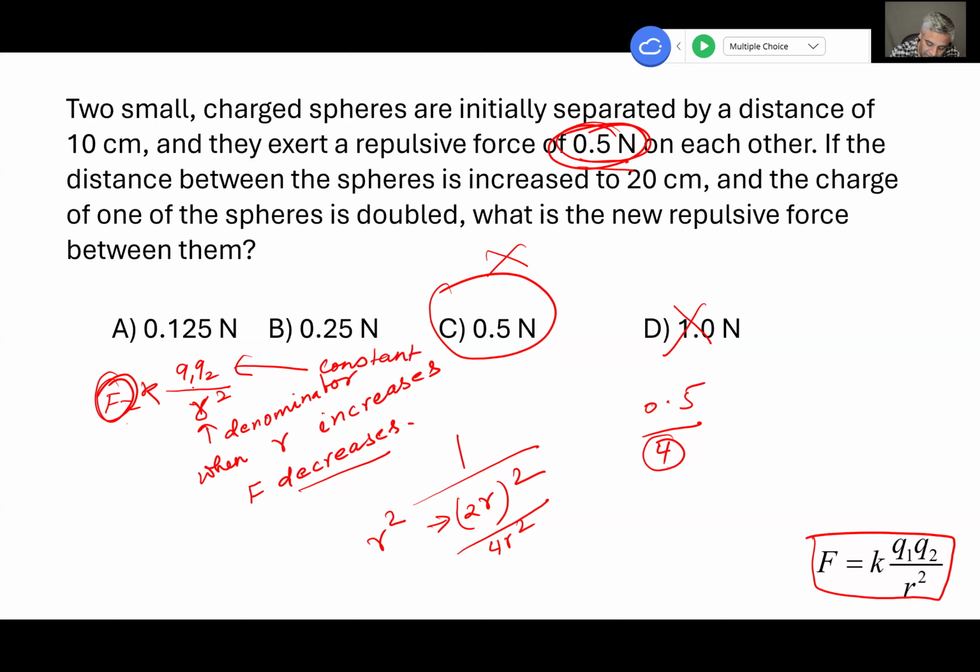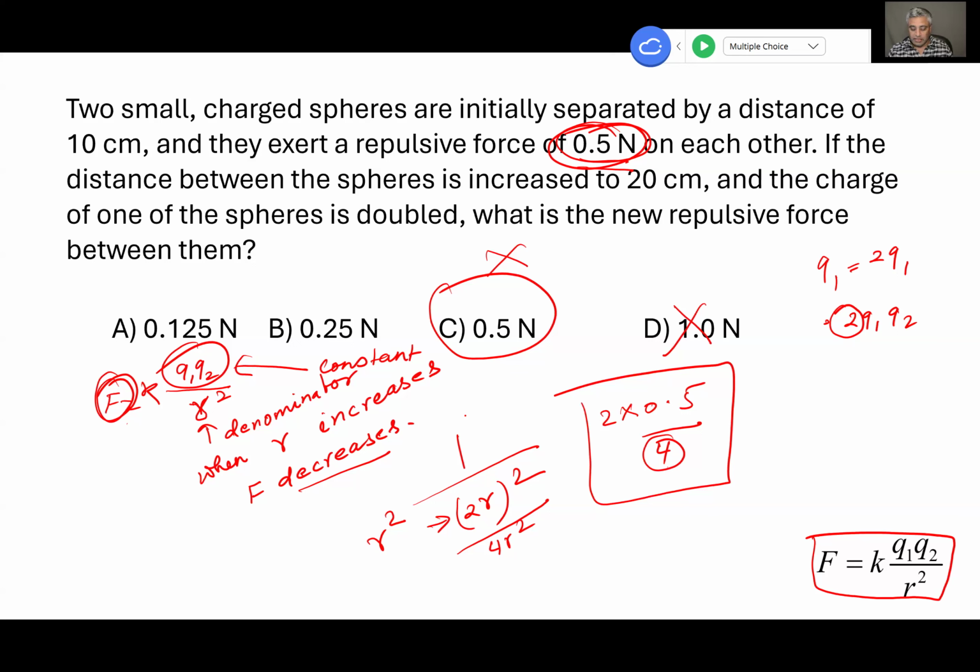If we double Q1 to 2Q1, the new product is going to be 2Q1 times Q2. So there is this 2 times over there as well.